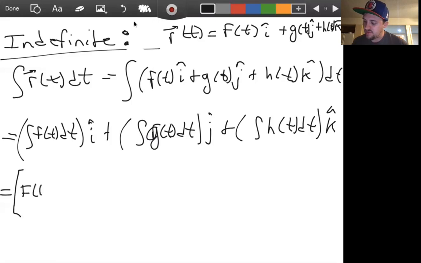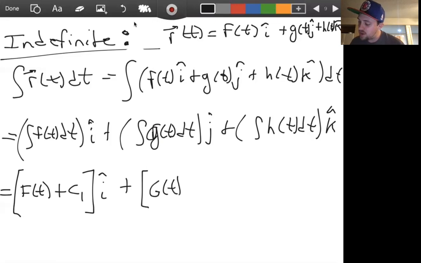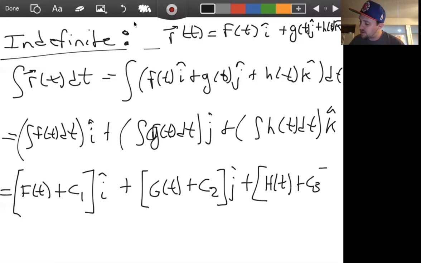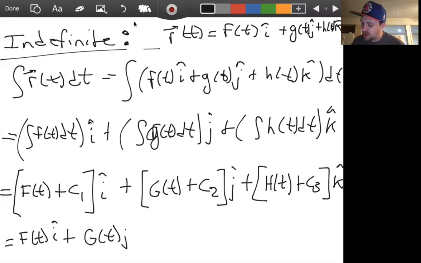Well, it's going to be capital F of t, the antiderivative, plus some constant c1 i hat, plus the antiderivative of g plus some constant c2 j hat, and then plus the antiderivative of h plus some constant c3 k hat, right? And so we can express this now as capital F of t i hat plus capital G of t j hat plus capital H of t k hat.